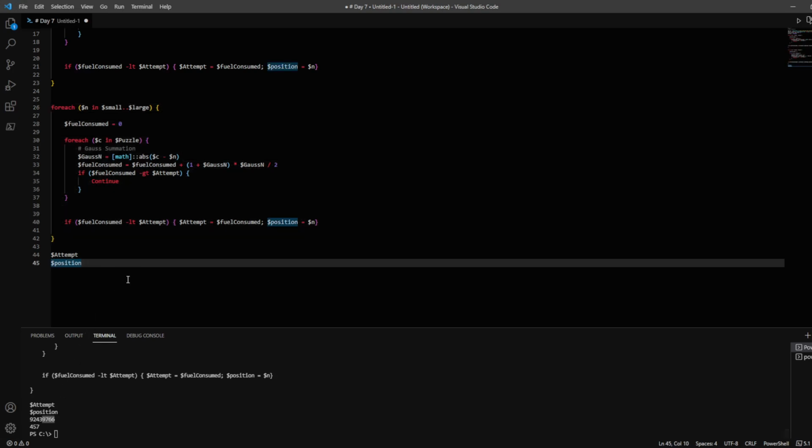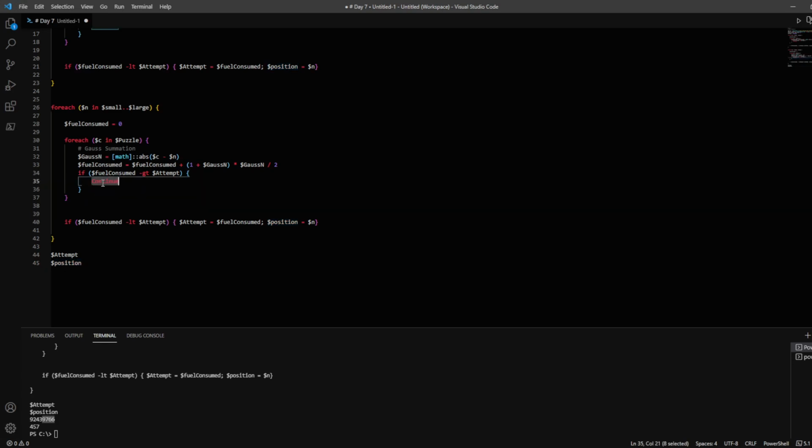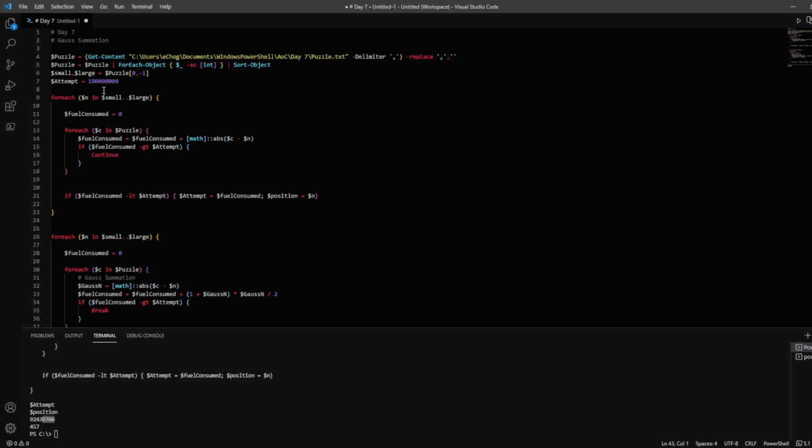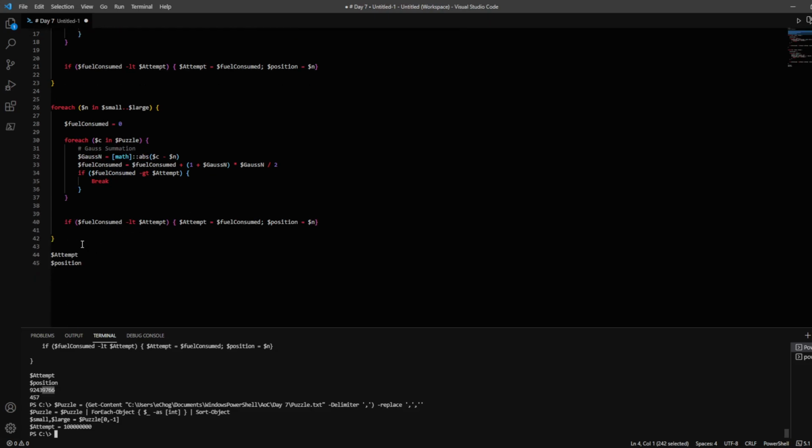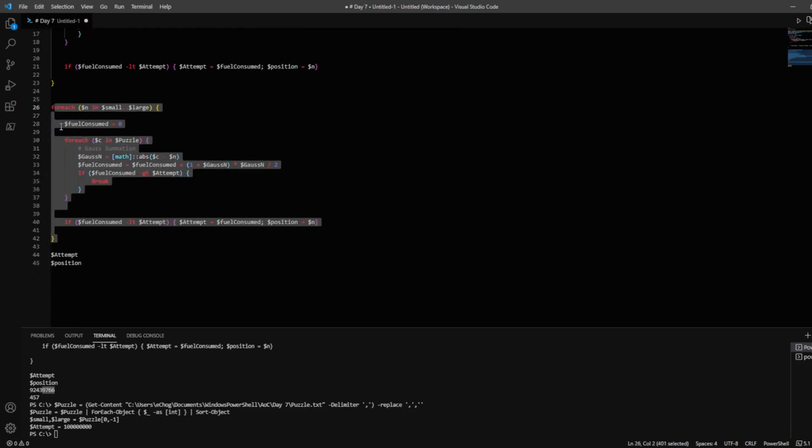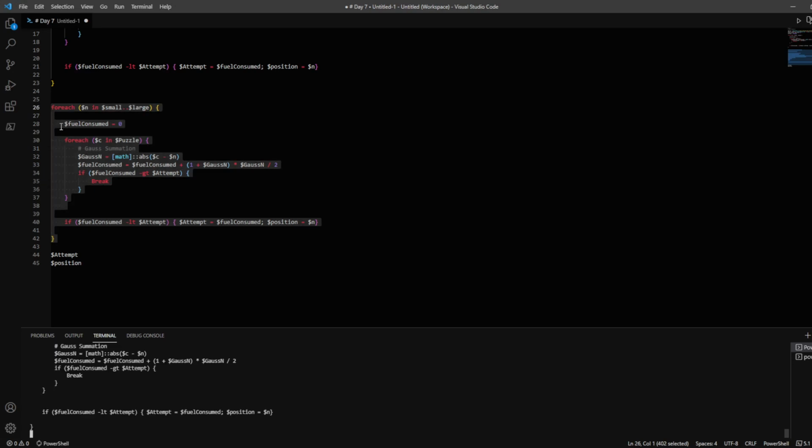This is correct. And if we wanted to, we could look at other ways to try to make this faster, like changing continue to break and running this again after we reset everything. And so that probably took about half the time.